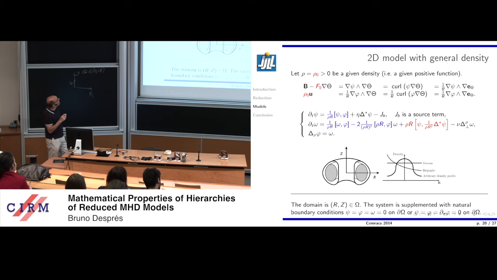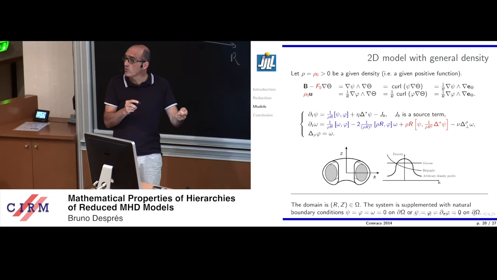I can decide to change a little the representation formula for the velocity, adding the R naught here. But look, if I have R naught U here, it means that if RU is equal to the curl of something, then the divergence of rho U is equal to 0. But since dt of rho is the divergence of rho U up to the sign, it means that dt of rho is 0.